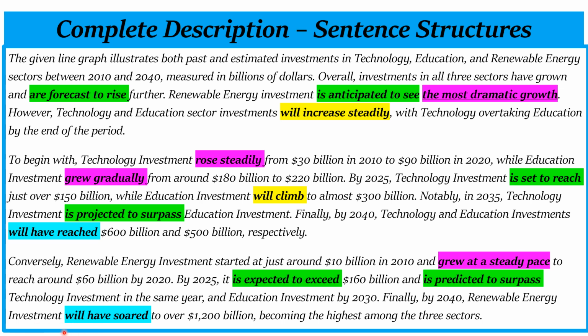Along with these structures, you will also notice verb plus adverb combinations and article plus adjective plus noun combinations, which are highlighted in pink. For example, we used rose steadily, grew gradually, the most dramatic growth, and a steady pace.